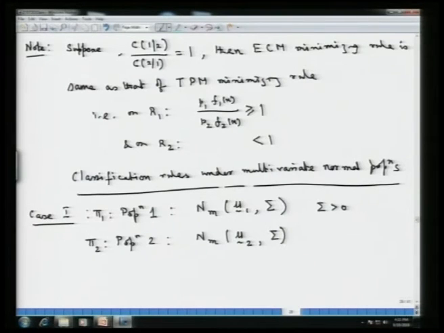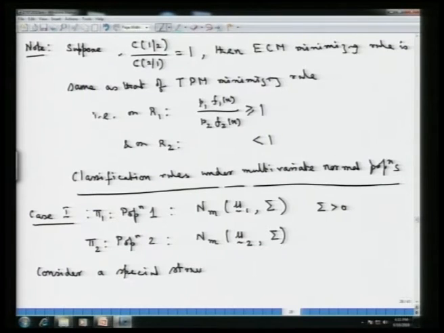Now, under such a situation, if we are looking at the ECM minimizing rule or the TPM minimizing rule, what is the form of the classification rules that we are going to get? Let us look first at a simple setup where we consider a special structure of the prior and our cost structure.